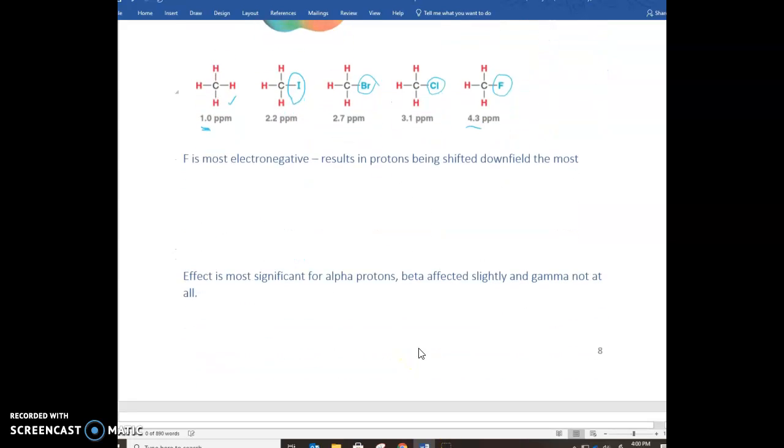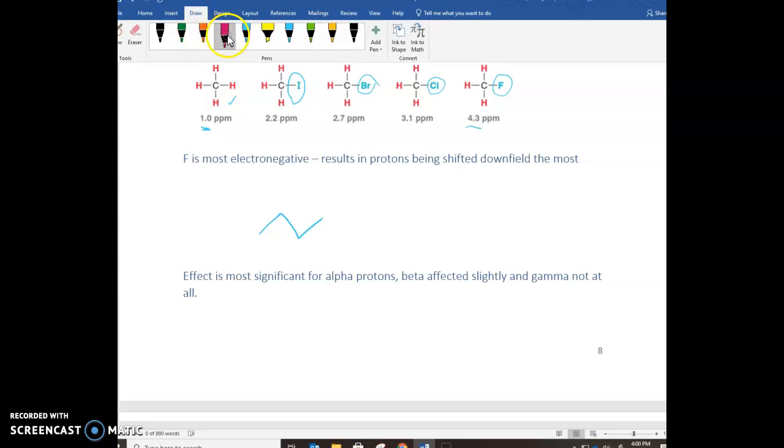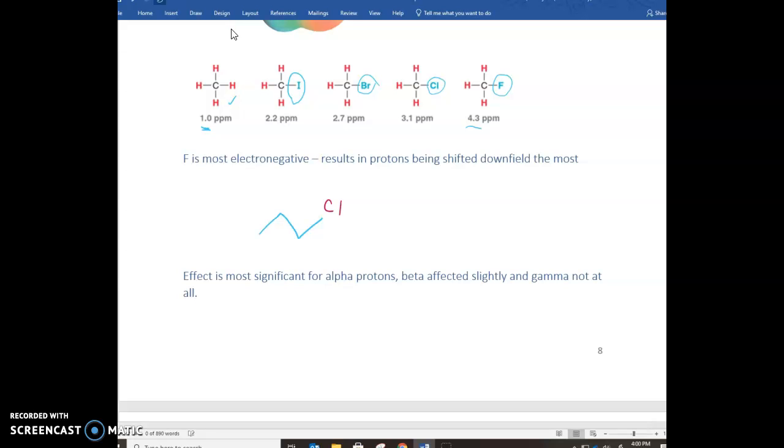Let's go up here. If we look at this here, we've got a chlorine. I'm going to draw the chlorine in this color, and we'll go back to the blue for the rest of it. We've got 2 hydrogens here. They're on the alpha carbon, and they're going to appear at 3.3 ppm.